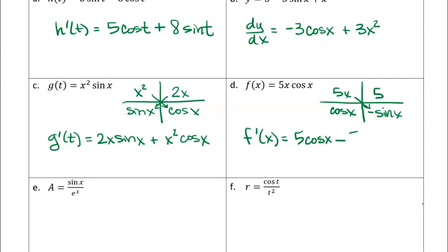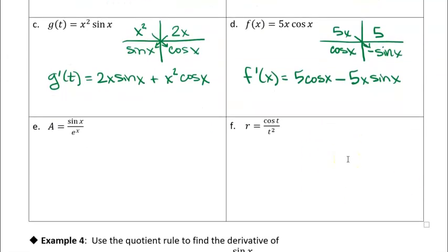So the first times the derivative of the second. Instead of writing a plus, I'm going to write a minus because I know I am adding a negative, so I can change it to minus. All right, there we go. I guess feel free to stop and try these on your own.